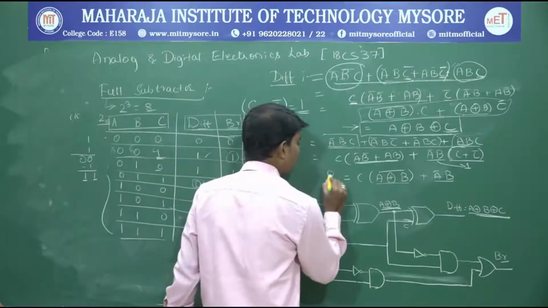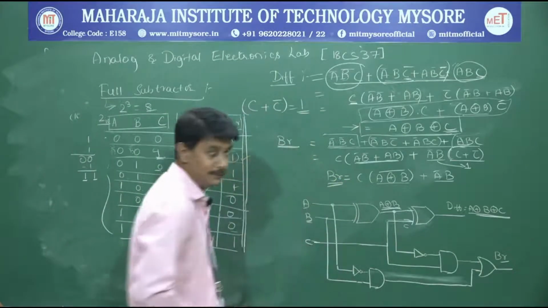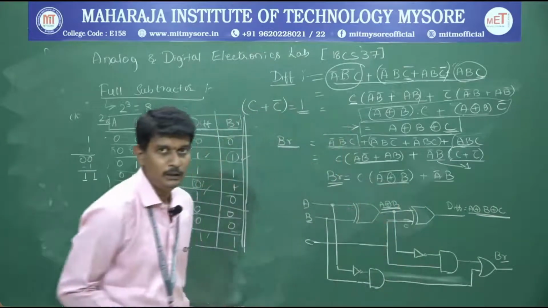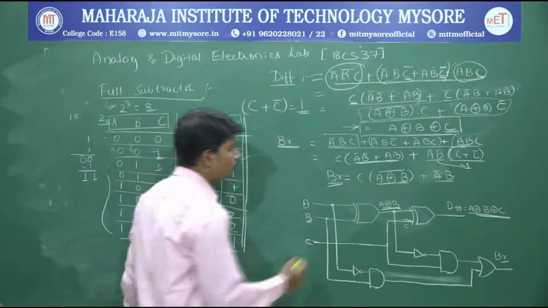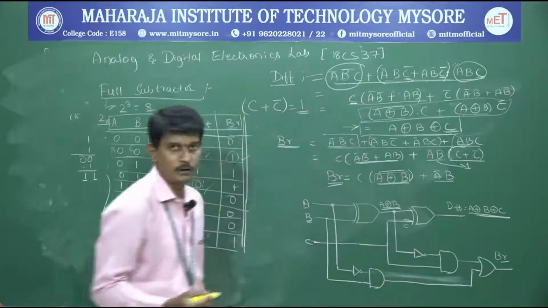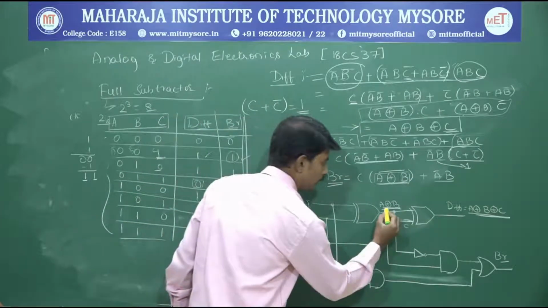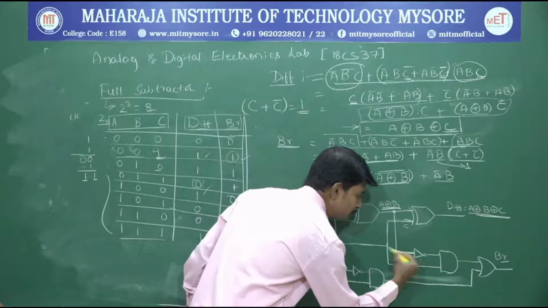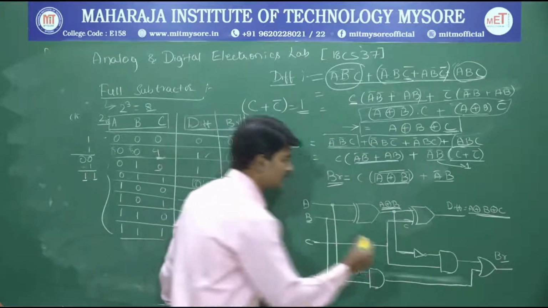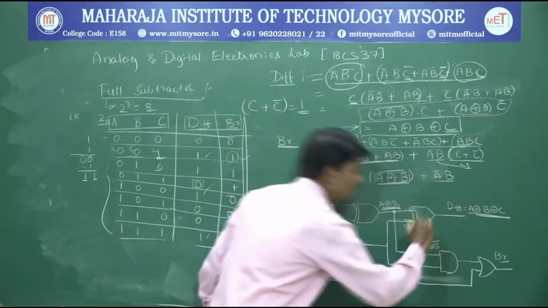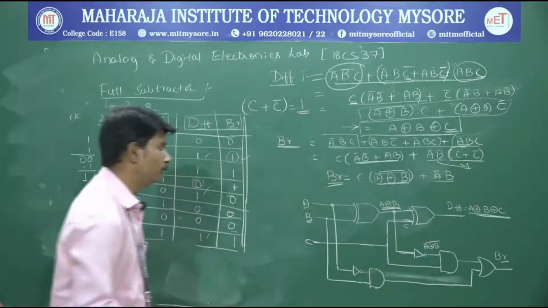Now for the borrow equation, since we already have A XOR B, we only need to complement that result. So our A XOR B is here, and I simply put a NOT gate, which makes it A XOR B whole complement.